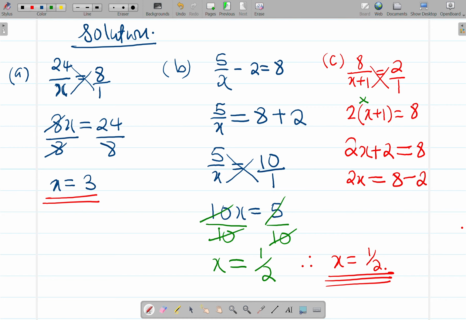Therefore 2x is equal to 6, divided by 2 by 2. So my x is now going to give me 3. This is going to be my value for x.